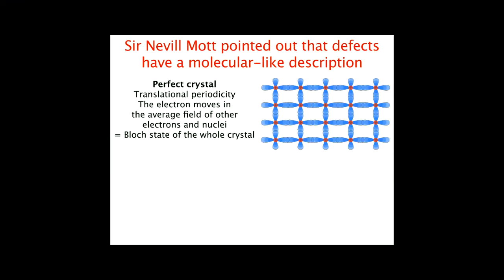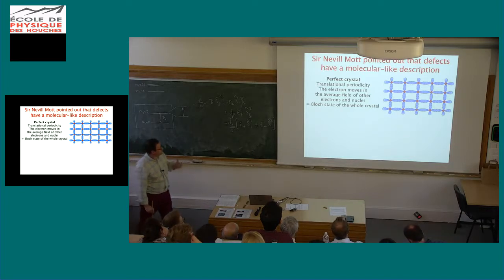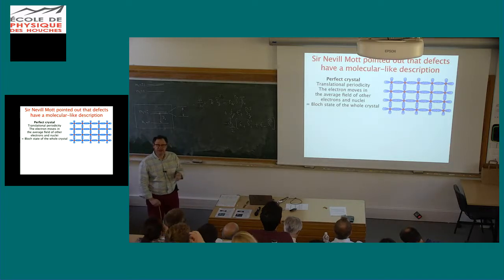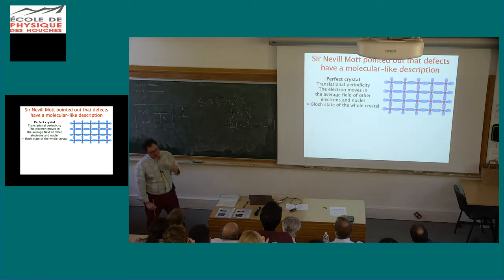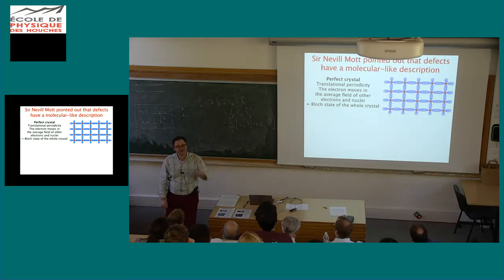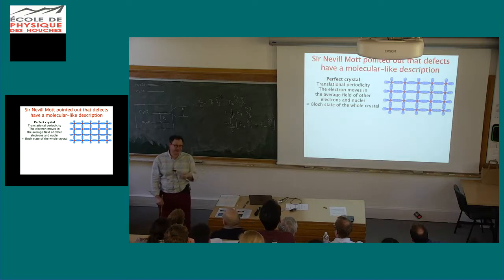But just to give you an idea, we will come to another description of the defects, which was actually pointed out by Neville Mott in the 30s. It is quite fascinating to see that back in the 30s, people really did not understand the origin of the colors of these alkali crystals.